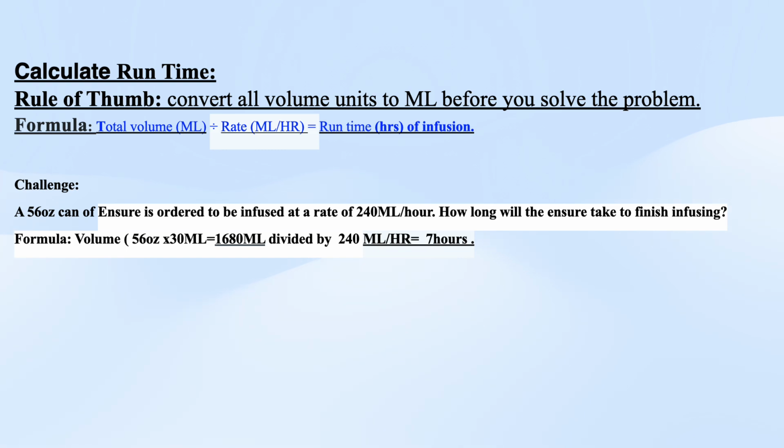All right. So now let's look at calculating the run time. Remember, we have been calculating the rate, ml per hour, drops per minute. When we had to calculate the rate, we were given the time to factor into solving the problem. So it's the same thing here. When we have to find the run time, we will be given the rate to work with. So it will be given to you in the problem.